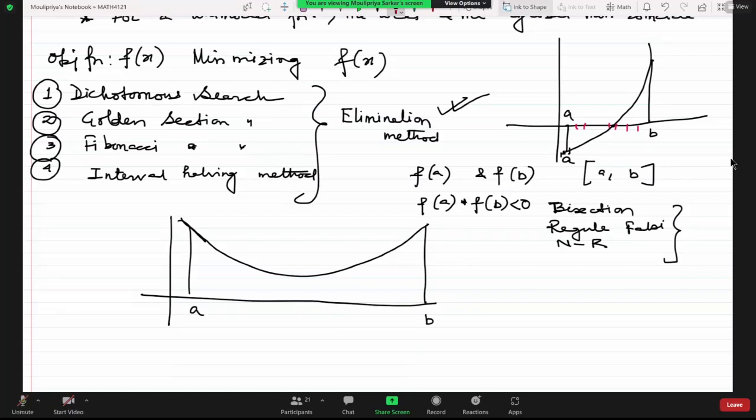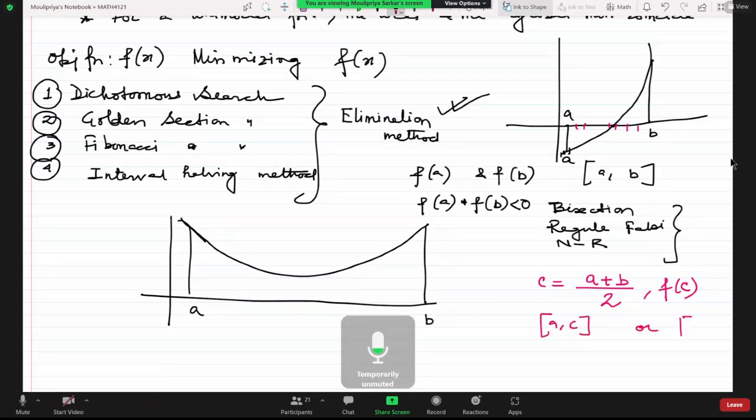Do you remember how we found the new interval in bisection? We used to find a point C, which was the midpoint of A and B. Then depending upon the sign of f(C), we used to decide whether AC is the new interval or CB is the new interval, right?